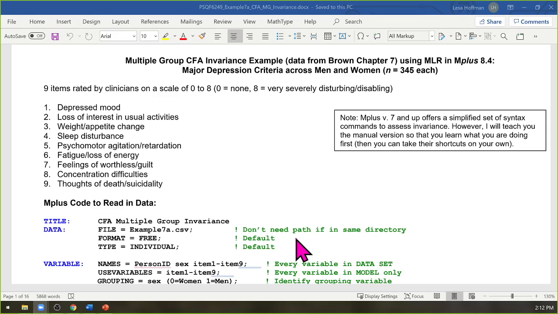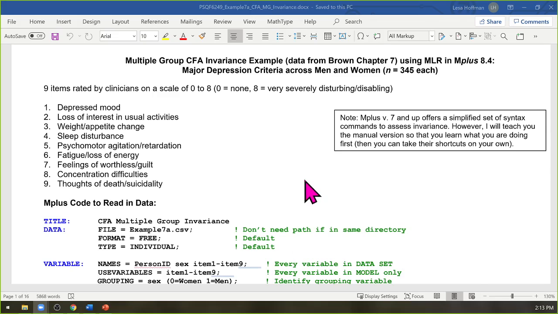Have we made any sort of constraints across groups at all in the configural invariance model? No. We're letting all parameters differ across groups that possibly can, but we're estimating the model simultaneously. So it's a separate but simultaneous set of parameters.